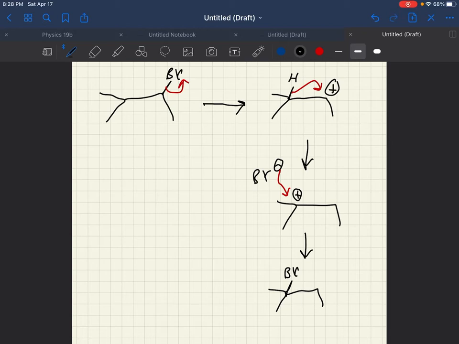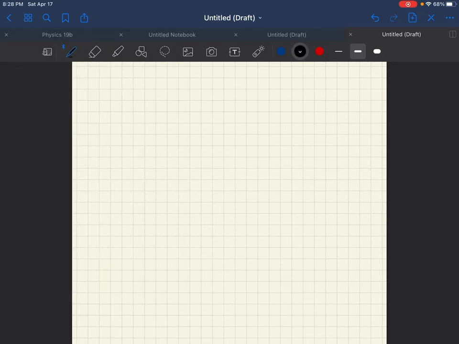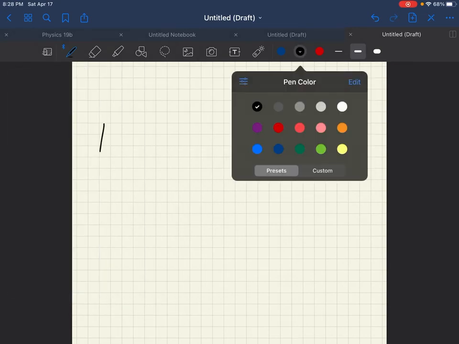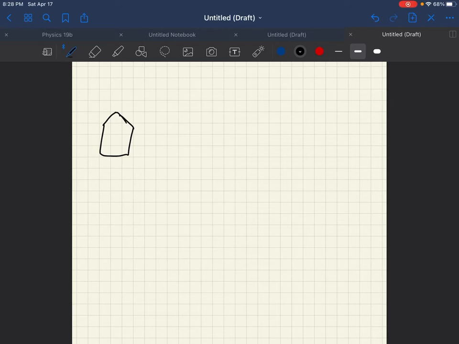So let's do another example here real quick. Let's clear the page. Let's go with something that looks like this, and let's just say Cl minus this time. So what could happen here is bromine could leave, and no, actually this isn't a good example, my bad.